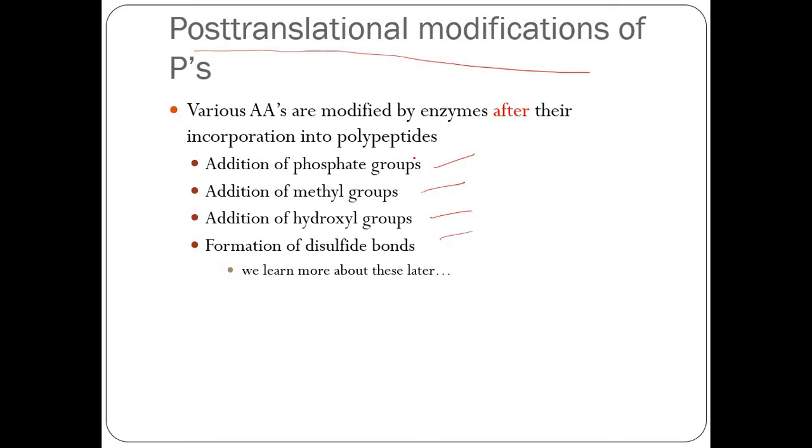Okay, so these post-translational modifications happen after the polypeptide of amino acids is formed. Some of them will be attached with phosphate, attached with methyl or hydroxyl. Okay, so they're not really just the 20 amino acids. Some of the proteins are actually modified. So the process is called post-translational modification.